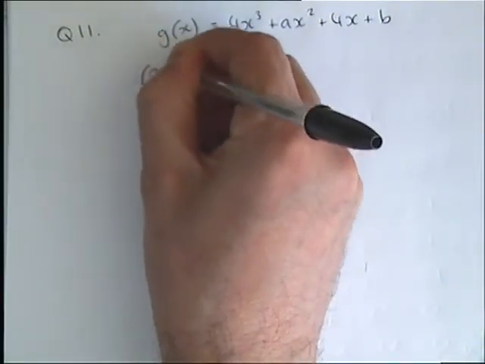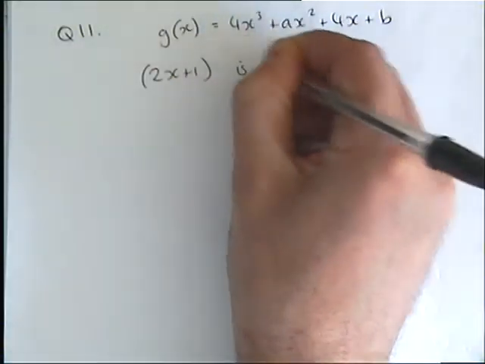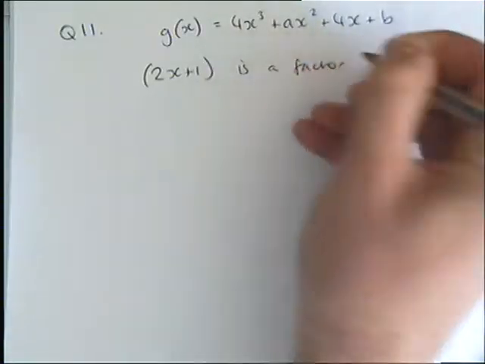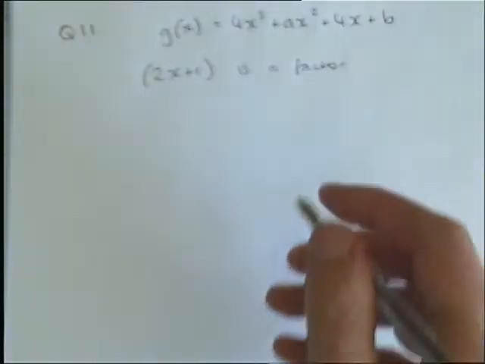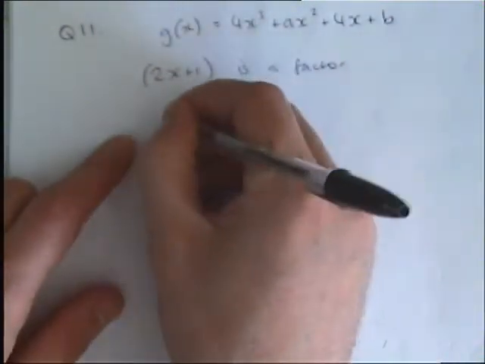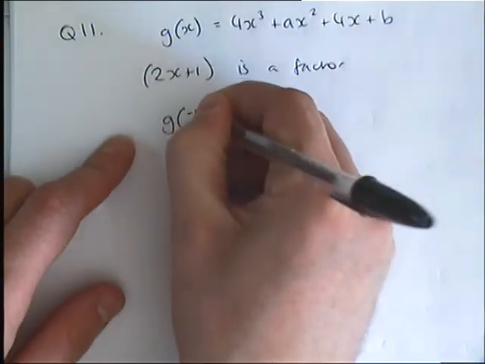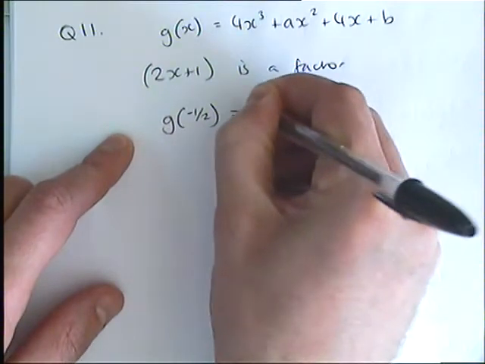G of x, we are told that 2x plus 1 is a factor, and that means that g of minus a half should equal 0.